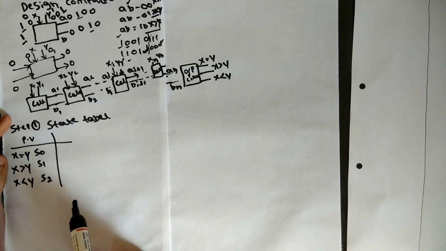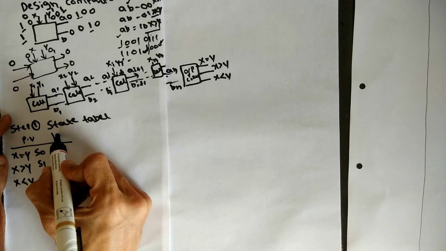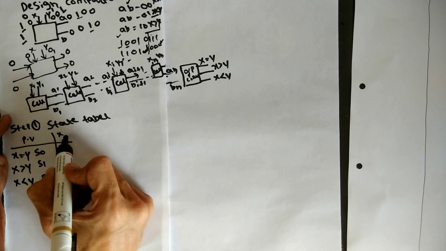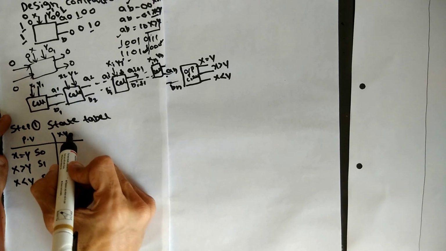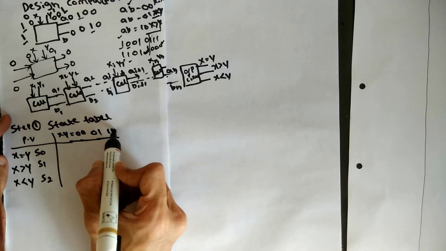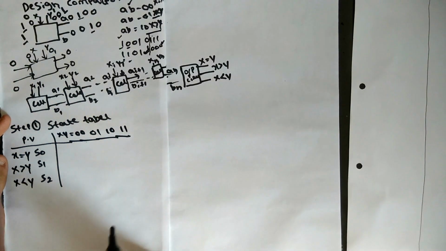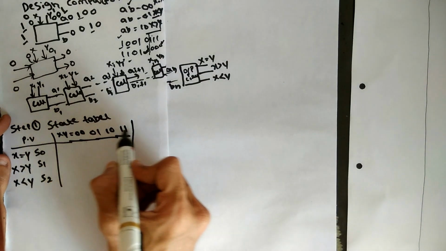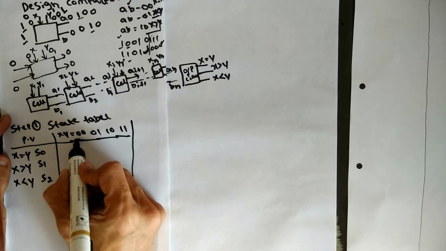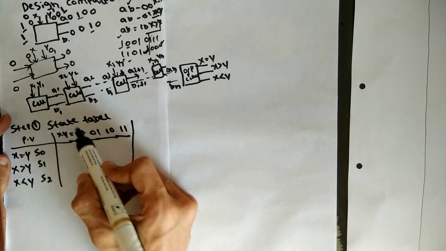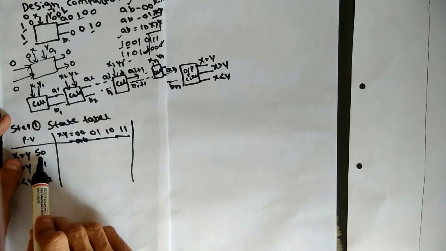Now once you have done the previous state, we have to take the xy value. So what xy values are possible? xy can be 0 0, 0 1, 1 0 or 1 1. These xy values 0 0, 0 1, 1 0, 1 1 we take as the AB values. If it is 0 0, the previous state is also S0.